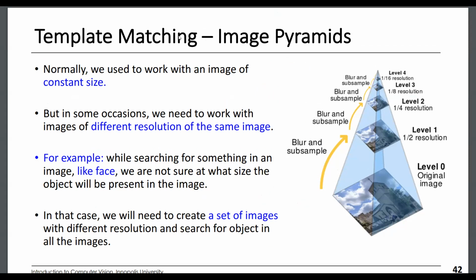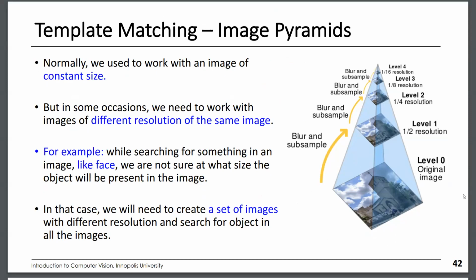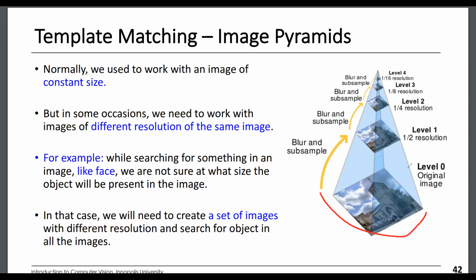So they proposed a simple method. This method was proposed and then later on ignored, but now it has made a very strong comeback: the image pyramids technique. Previously, it was done as a simple algorithm where we compare the template image on this scale, then on this scale, then on this scale, and then on the last scale.